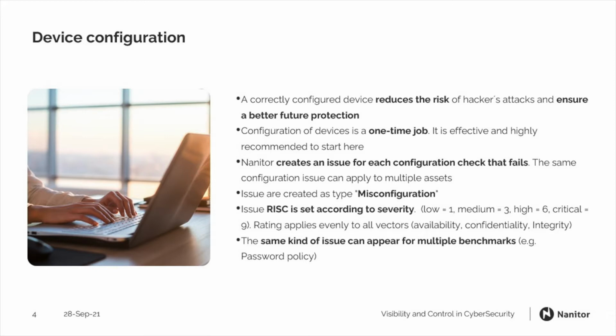The same configuration check can also, of course, fail on multiple assets, but still Nanitor will only flag that once, so it will only raise one issue where the configuration is not set or not properly set for one or multiple assets.